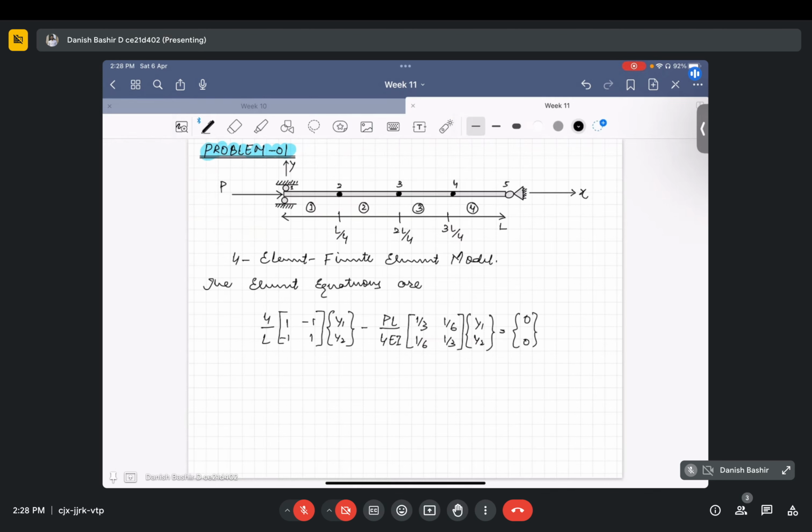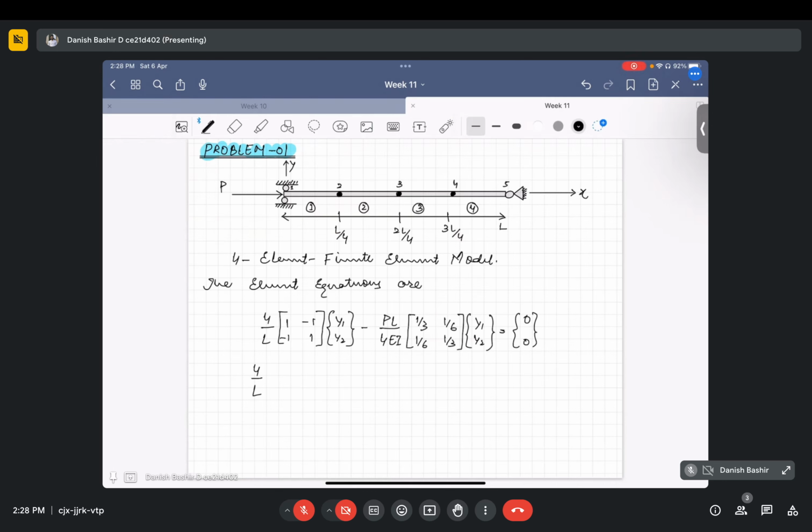Or this equation can have a different form. We will take 4 by L common from here.